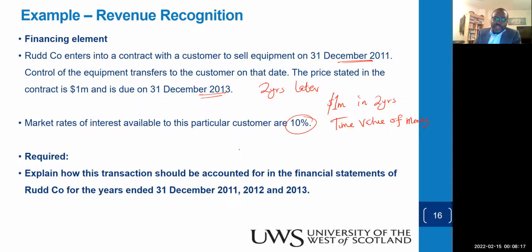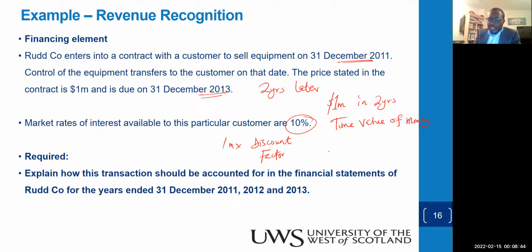So the 1 million will have to be discounted times the discount factor. The same discounting formula that you know, which we even looked at when considering the purchase consideration of a subsidiary where we have deferred cash payment.